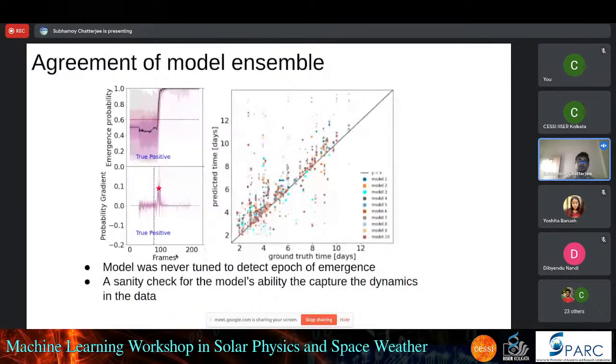If it satisfies both conditions, then you consider that as the time of emergence. Okay, thank you. And you also find the uncertainty in the detection because we have an ensemble of models, as I said.